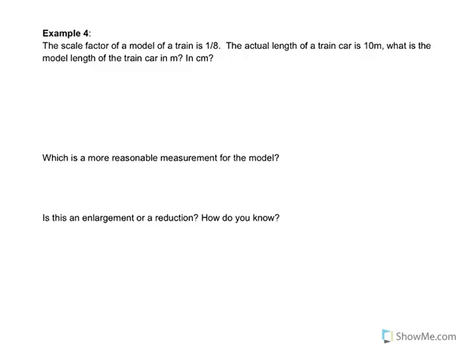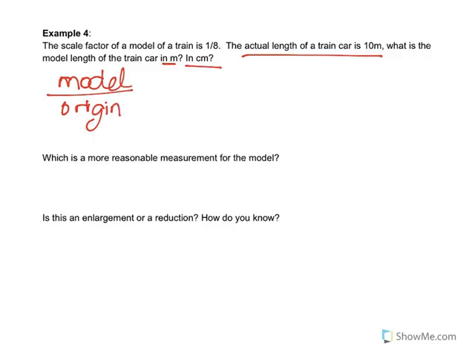Okay, example 4. The scale factor of a model train is 1 over 8. The actual length of the train car is 10 meters. What is the model length in meters and in centimeters? So we're going to go model over original, and we know it's 1 over 8. So the actual length is 10, so that's our original size, so we're going to put that on the bottom, x on the top, cross multiply and divide.